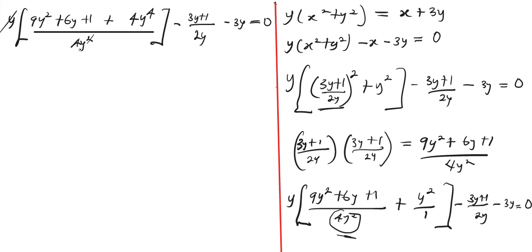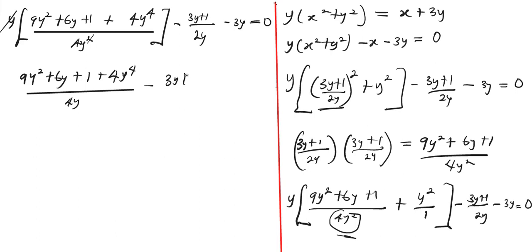So we have 9y squared plus 6y plus 1 plus 4y power 4, divided by 4y, minus (3y plus 1) divided by 2y, minus 3y divided by 1 equals 0, okay. So this is what we are left with now. The next thing is for us to multiply everything with this LCM here, okay.